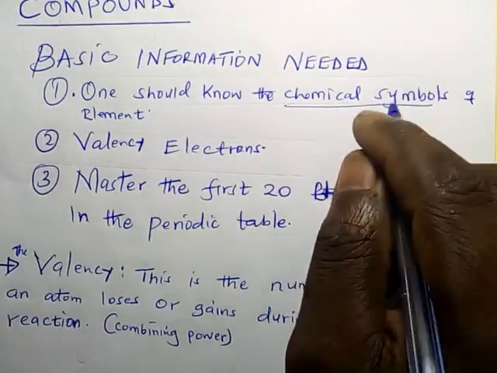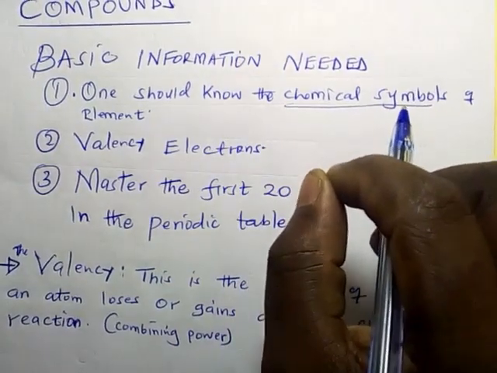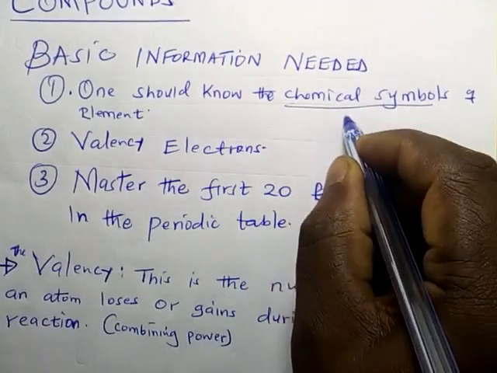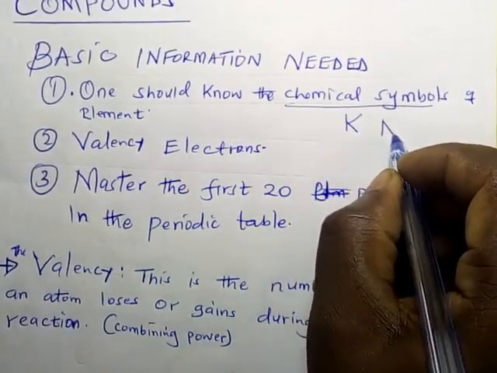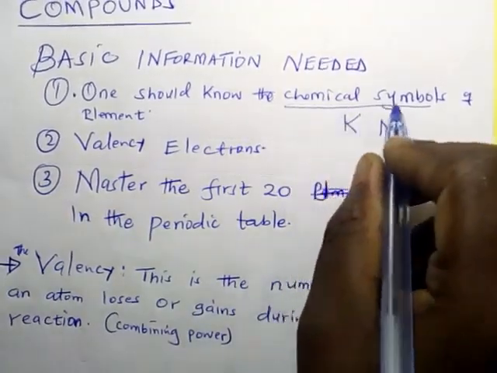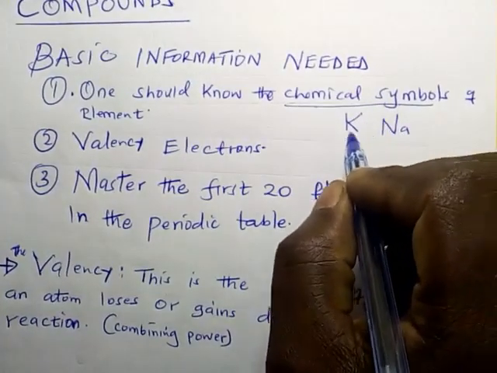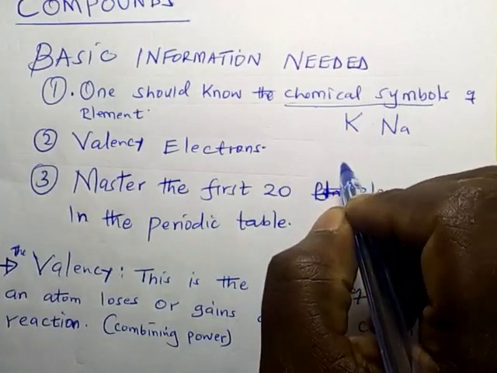If you're talking about potassium, you should know that the chemical symbol for potassium is K. If I am talking about sodium, you should know it is Na. So the chemical symbols of any element you want to deal with, you must know.